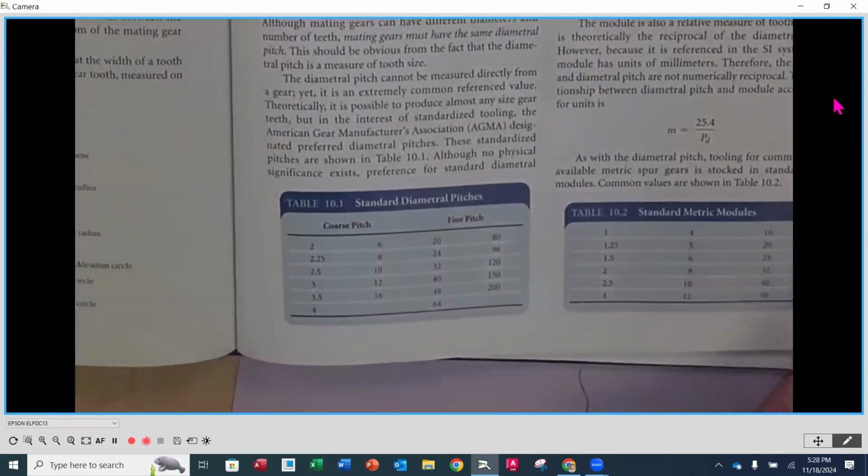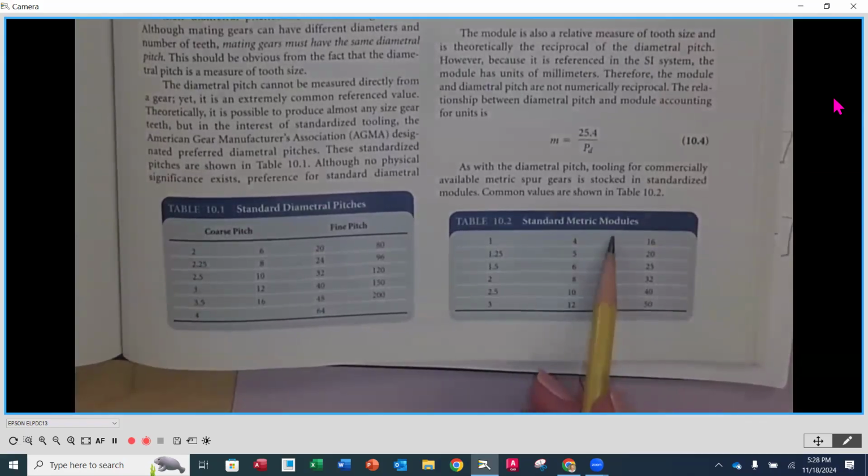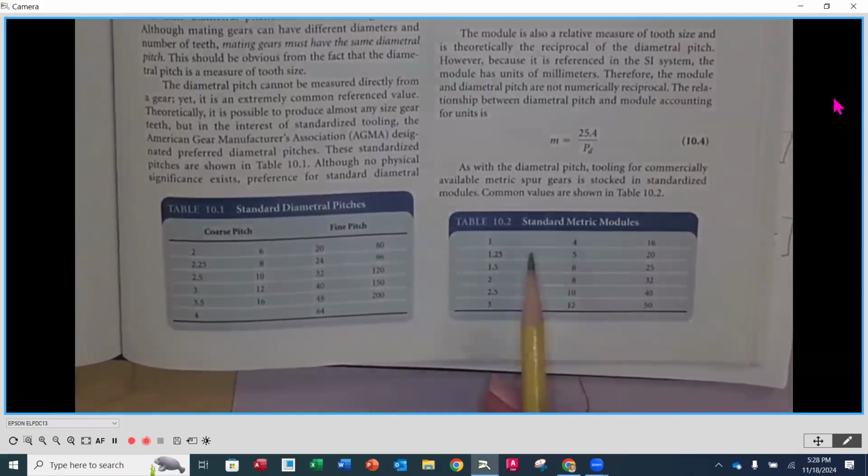I am going to point out over on the right-hand side, the relationships that occur with English gears are going to be the same for metric gears, except they have a different standard. Instead of diametral pitch, they use metric modules, and these are their metric modules. Again, very similar, but different. We cannot mix.